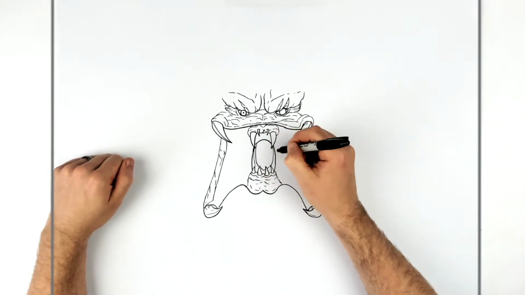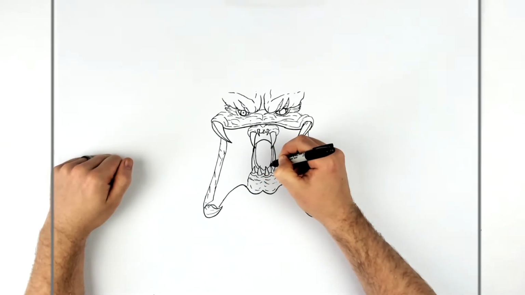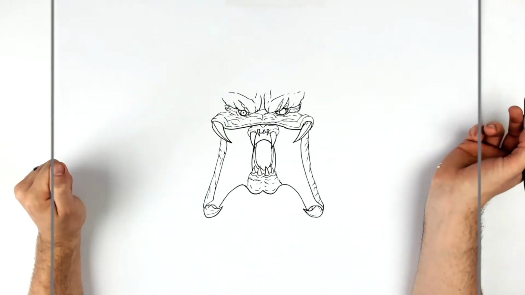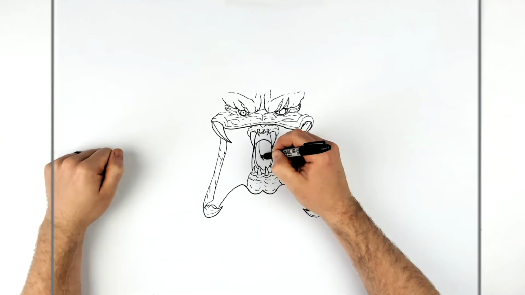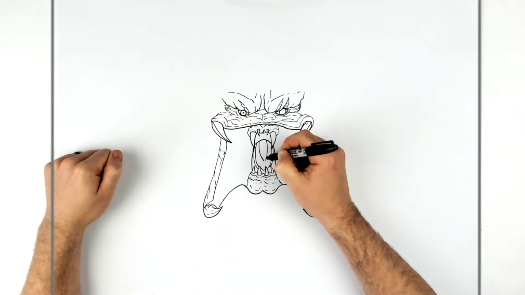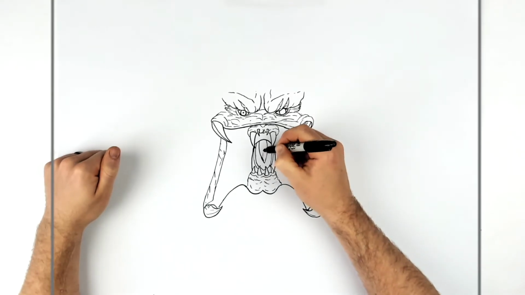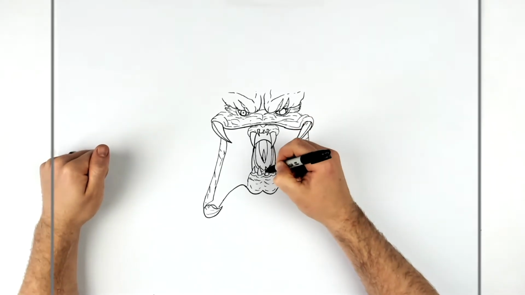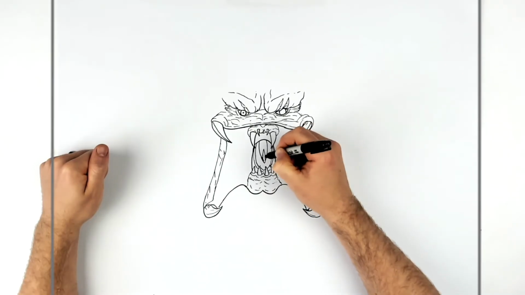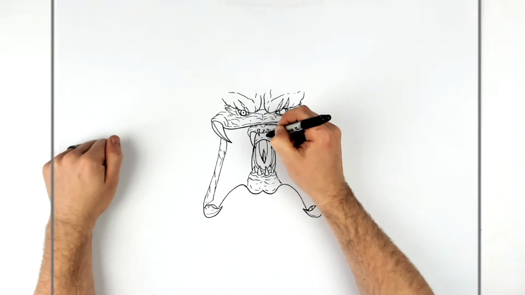Kind of this kind of stuff. And then another one inside here, and then something else inside here. And then again, some texture lines here.